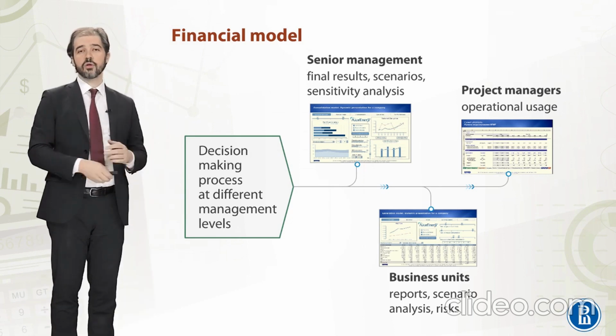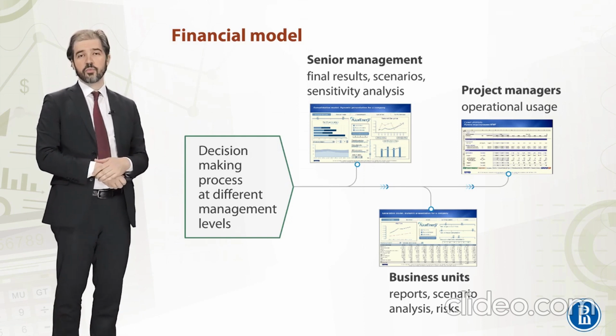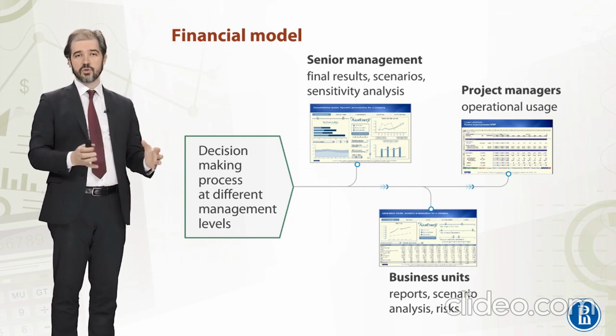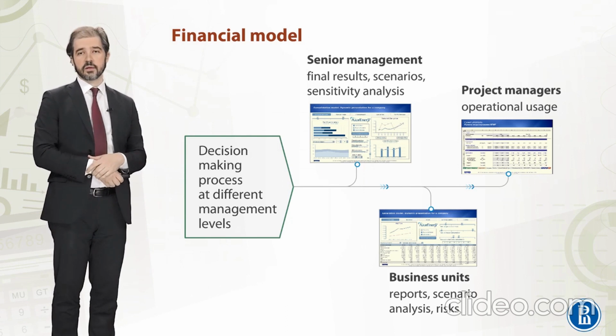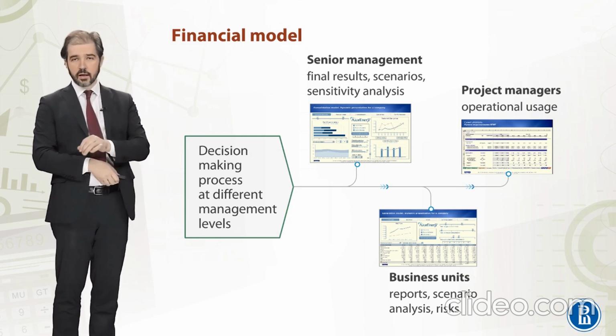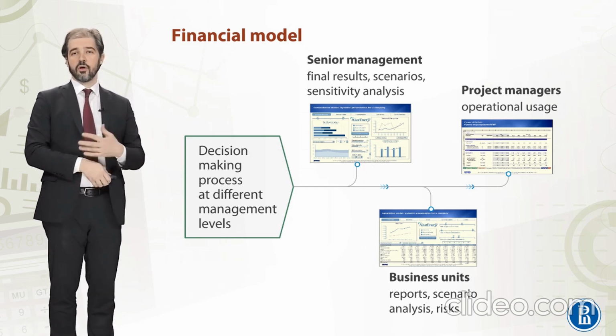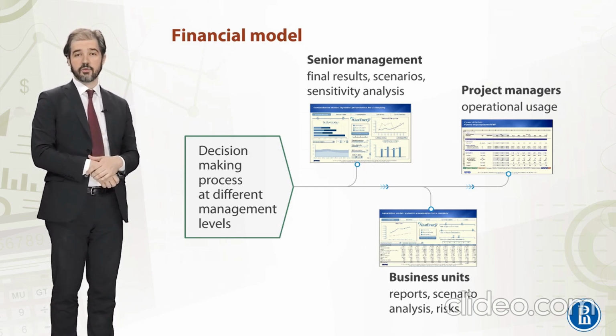So they are more interested in the major information from the model in a nice-to-see and clear-to-understand way. Then when we speak about project managers, they need to go into more details for different operational issues, for different details of assumptions, compare and check calculations, and a lot more detailed stuff here.